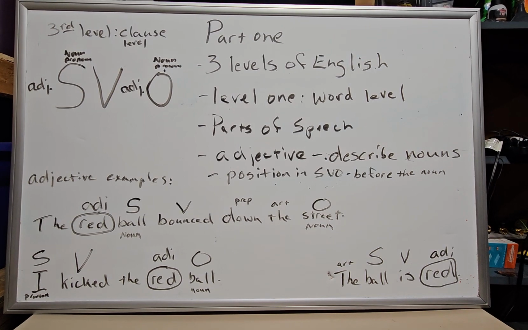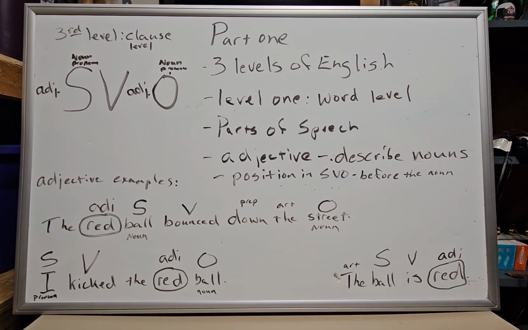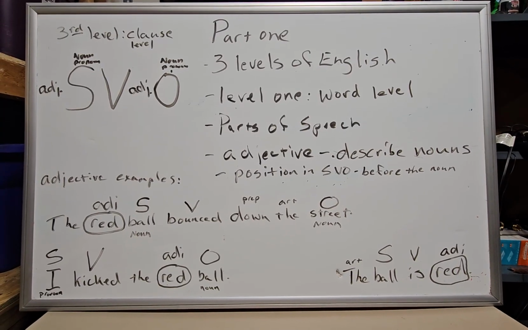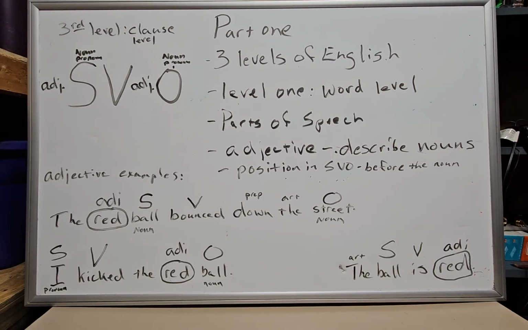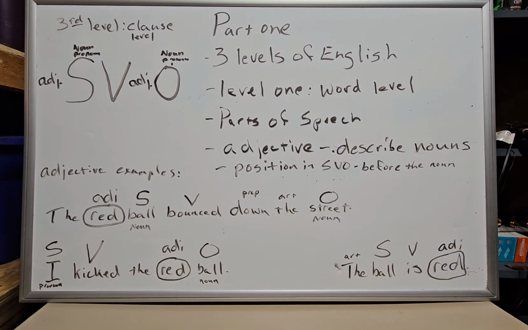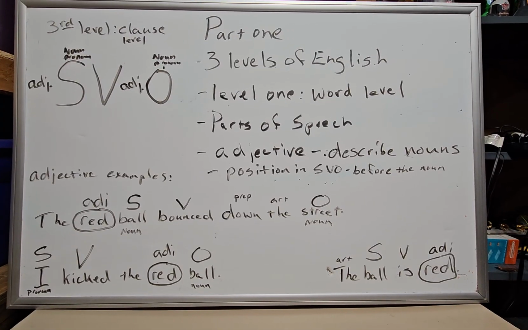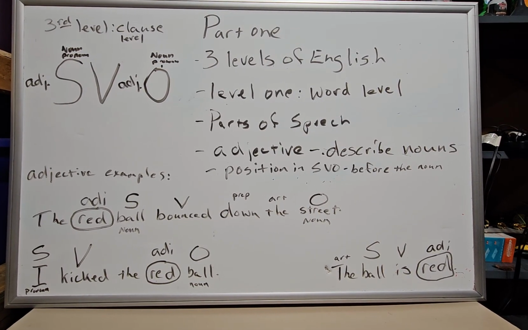Remember, a clause that is a complete sentence does not require an object. The object is often in our sentences, but it is not required to make a complete sentence or independent clause.